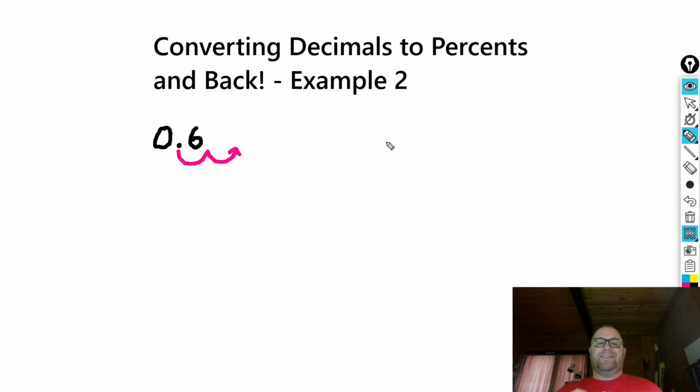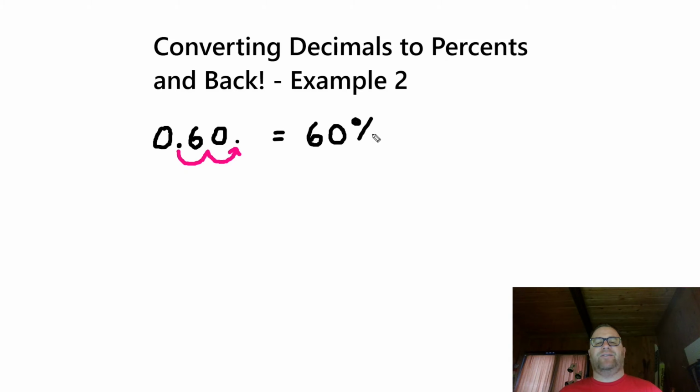Well, we need to add a 0 for the additional spot there. So 0.60, we move the decimal 2 places over to here. So that's going to be equal to 60%. So just add the 0 if you don't have a number there. So 0.6 is 60%.